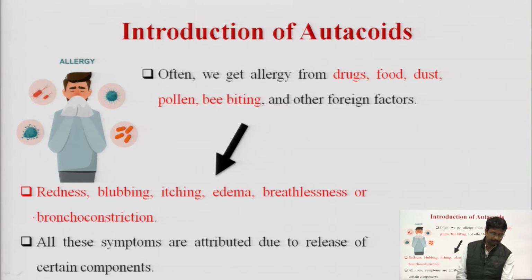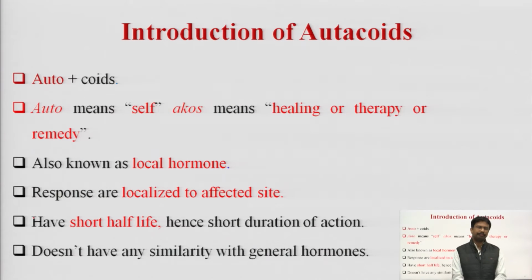Autacoids. So, first of all, let us break this term Autacoid into two parts: auto, and second one is coid. Auto is very self explanatory, that means self, okay, and coid is taken from a Greek word akos, which means healing or remedy.